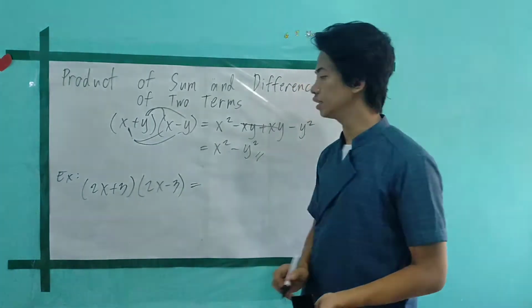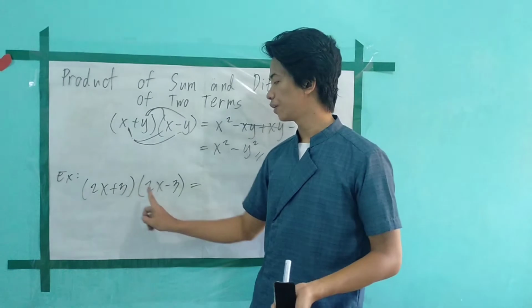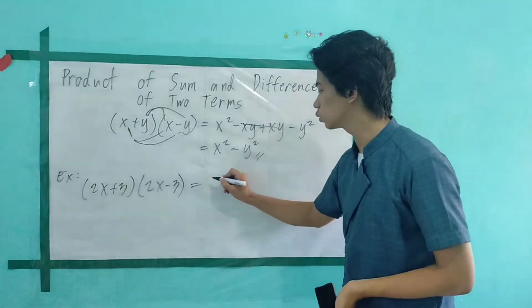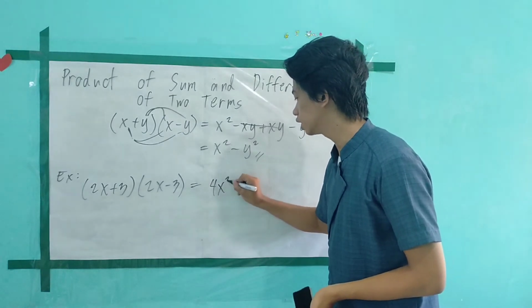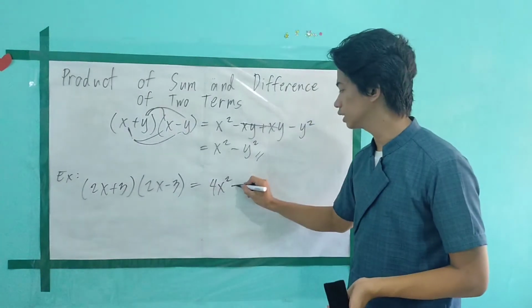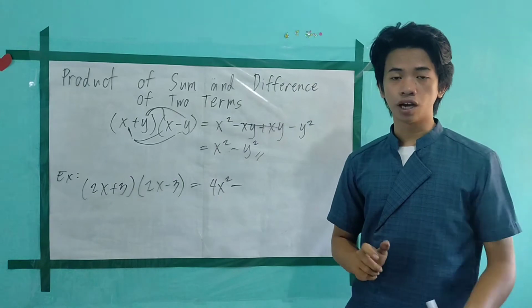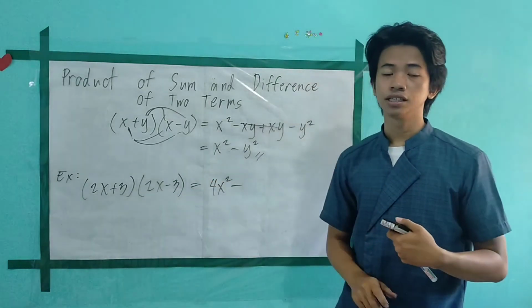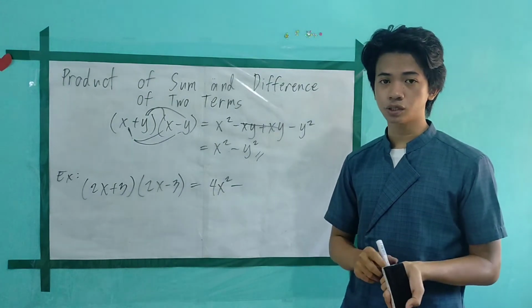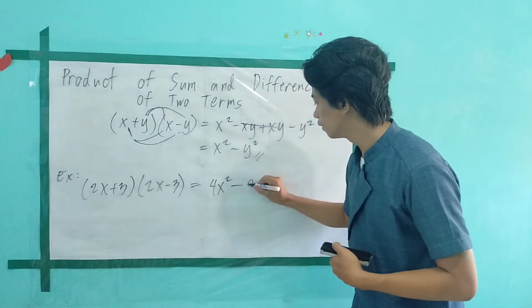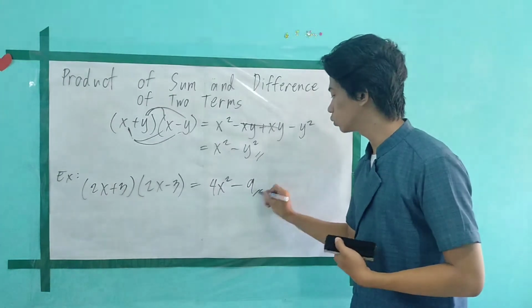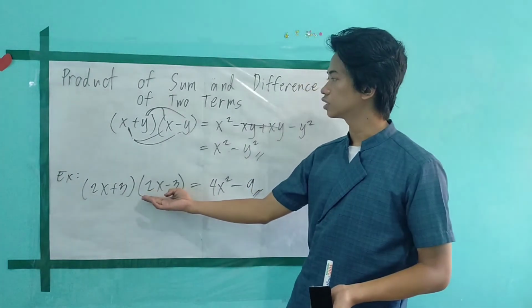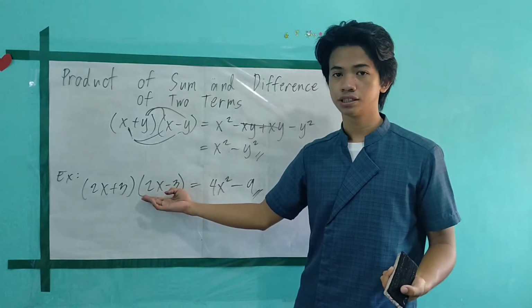So the first step is square the first term, 2x. So 2x multiplied by 2x, we have 4x squared minus square of the second term, 3. What is 3 squared? We have 9. So this will be the answer or the product of sum and difference of two terms.